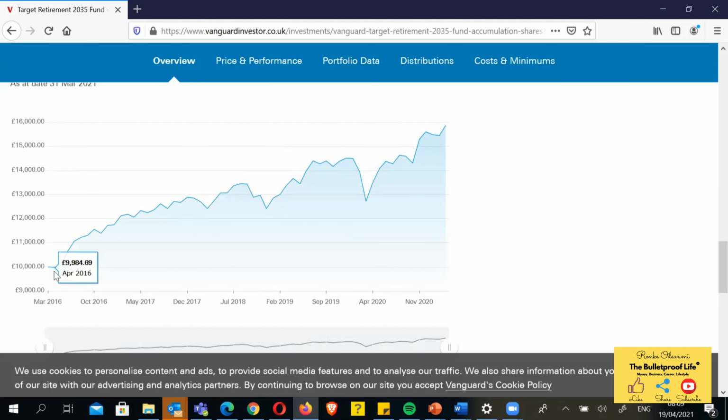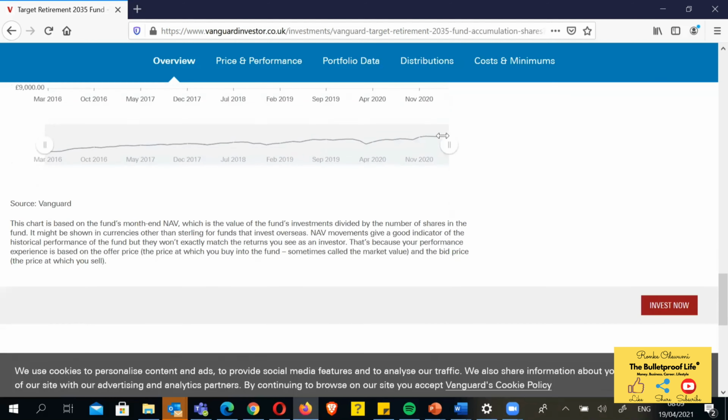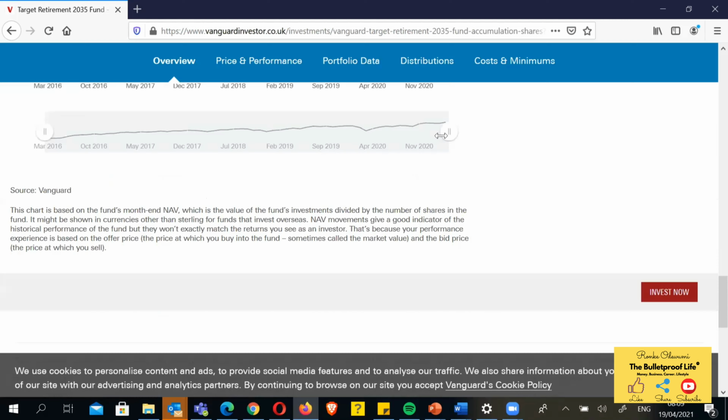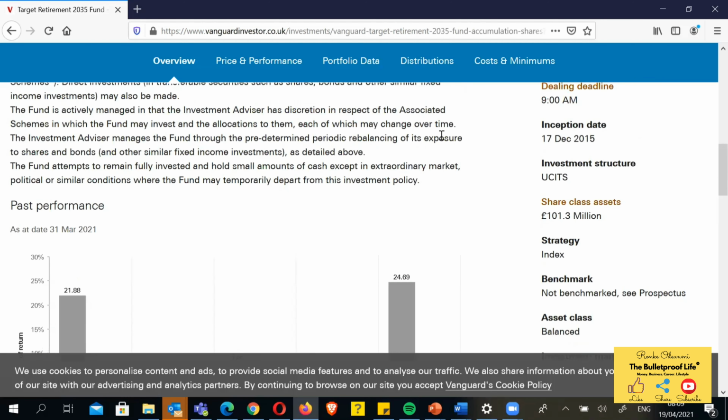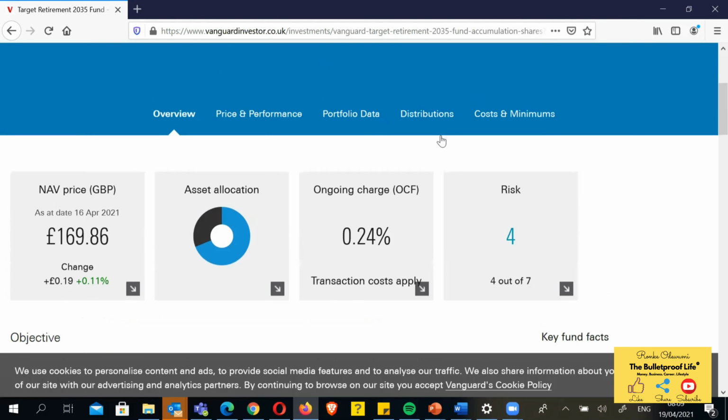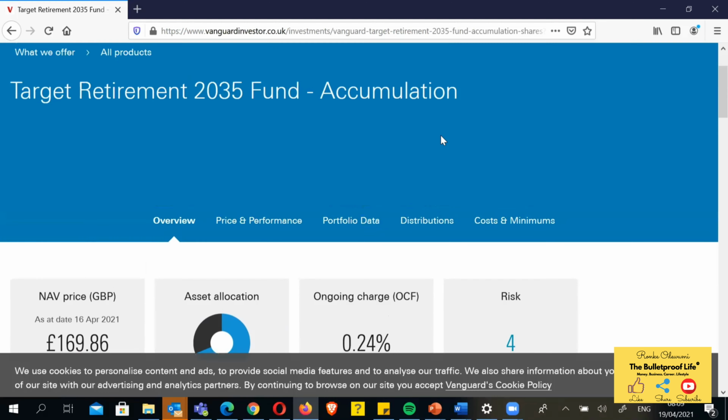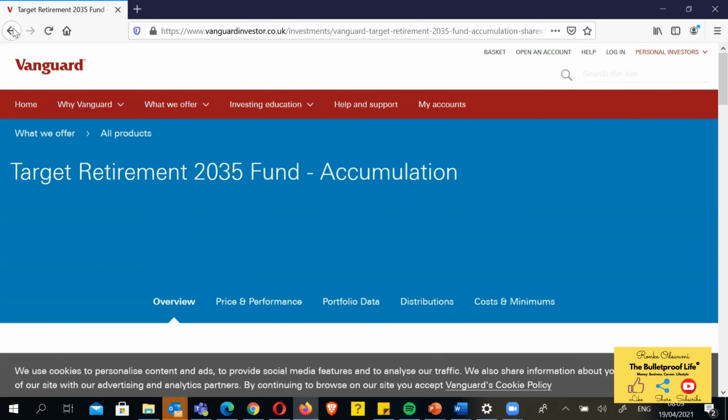And if you'd put 10,000 in it in 2016, you would have about 15,863 this month, which is over 50% growth in 5 years. So not bad at all. But again, it's a relatively safe fund because a lot of it goes to bonds. So that's the Target Retirement 2035 fund.